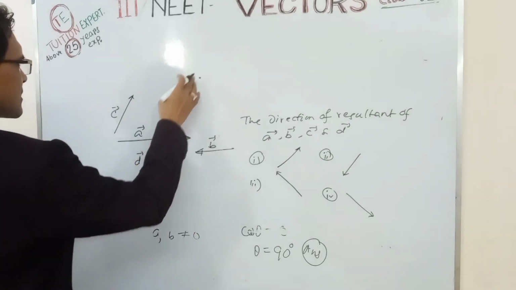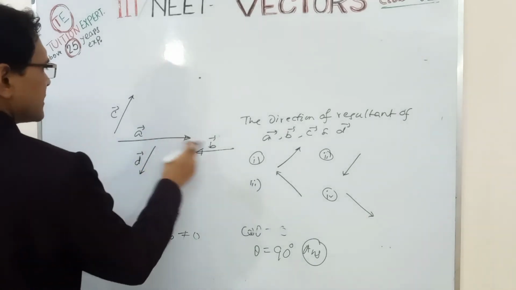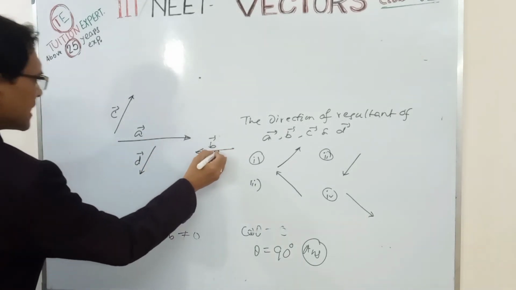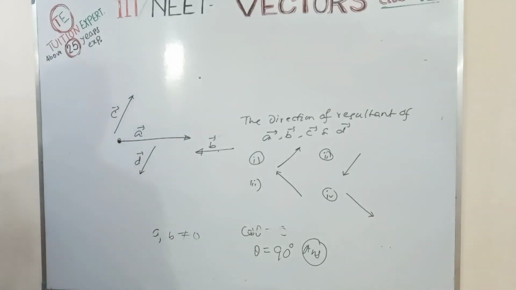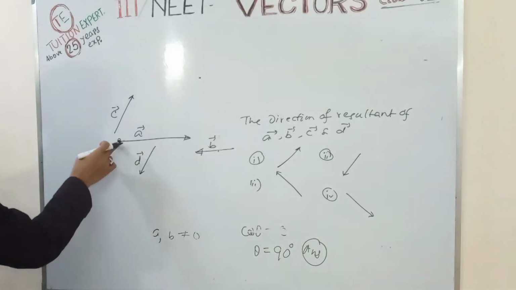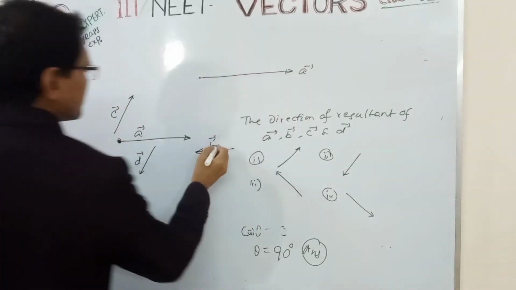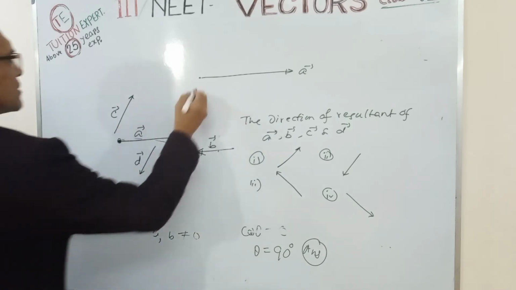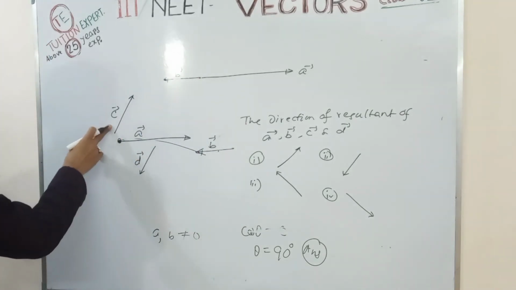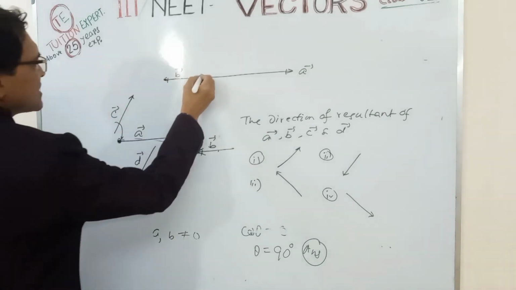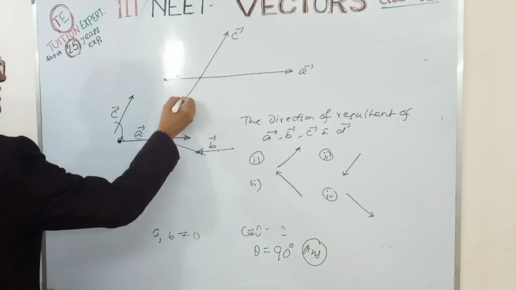To determine the resultant of all vectors, all the vectors must act from the same point. So shift the vectors along this such that the point will be common. Shift this vector here, this is a, shift this vector here, this is b. Now shift c to that point, this is c, and d to that point, this is d.